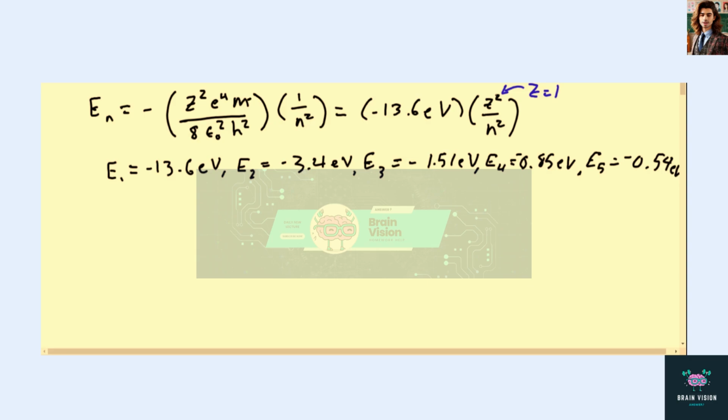So we want to look specifically at how much energy it would take to go from one state to another, because as we know with these quantized energy steps, if you don't have enough, you can't go from one to the other. So going from E1 to E2, how much energy does that take? And to do that, we just look at the difference in energy between the levels. That's how much energy you need to put in to raise an electron from the ground state to the second state.